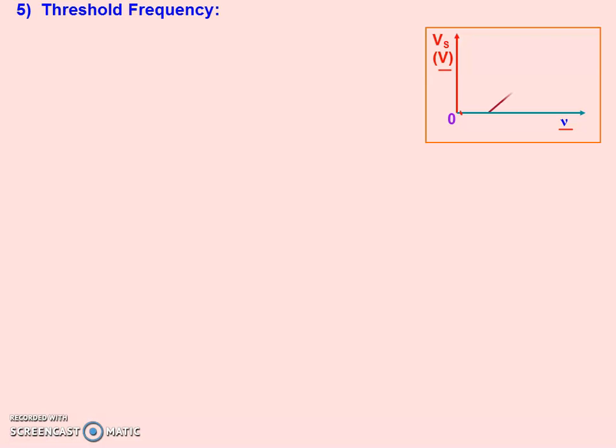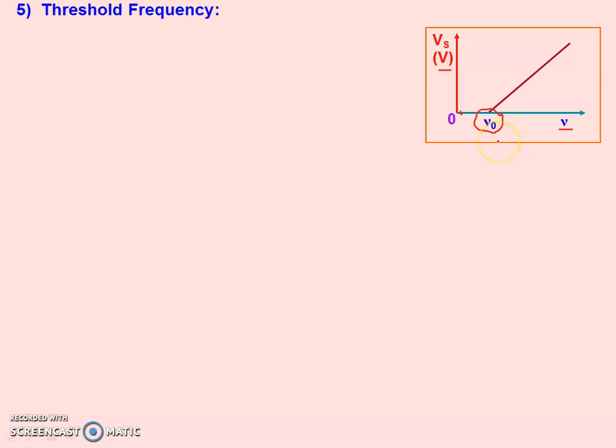But if we incident a photon of frequency greater than the critical frequency, we have to apply the retarding potential. So that minimum frequency or that critical frequency above which the metal can emit or eject the electron is called threshold frequency.